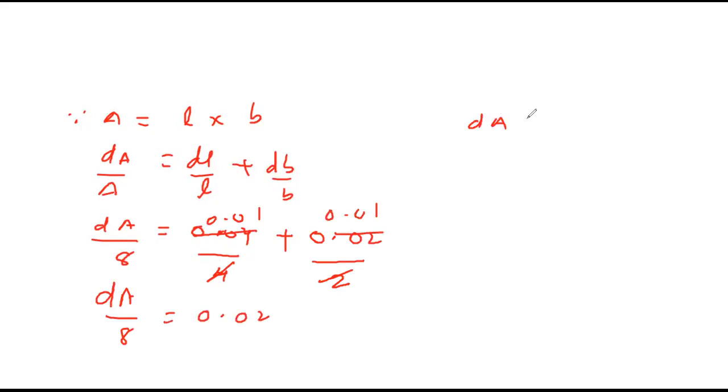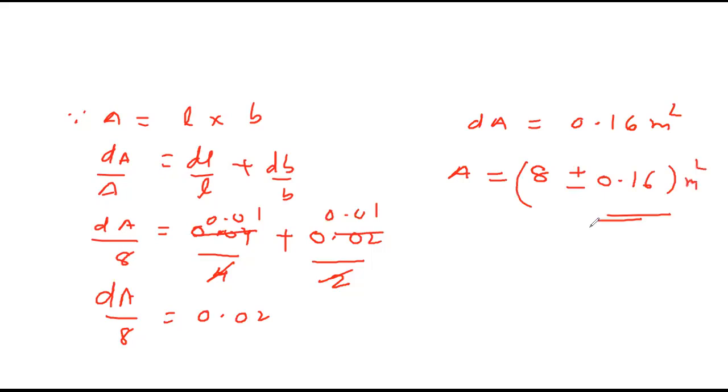Therefore, dA equals 0.16 meters squared. Therefore, area with limit of error will be 8 plus or minus 0.16 meters squared. All sums are simple. Just remember rules properly in this chapter.